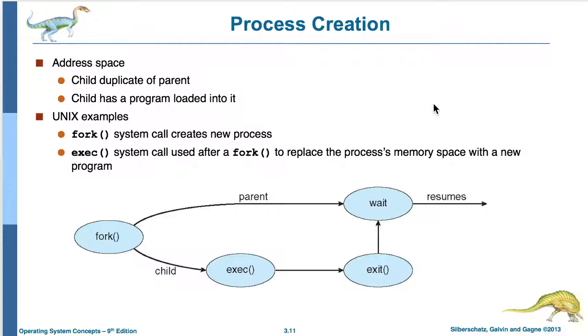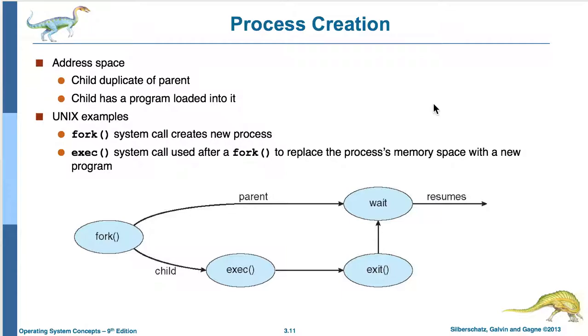There are very rare instances where you would just do a fork and let it be and run really a duplicate copy of a process. So you typically do a fork and then you do an exec, and what the exec does is it loads up the new program that you would actually have this process be running.